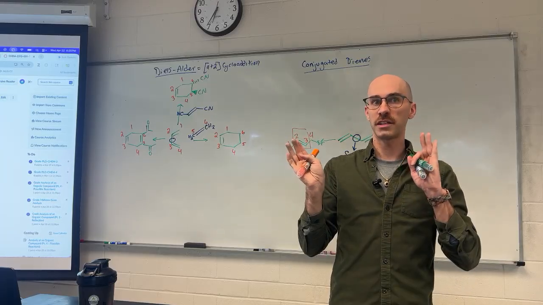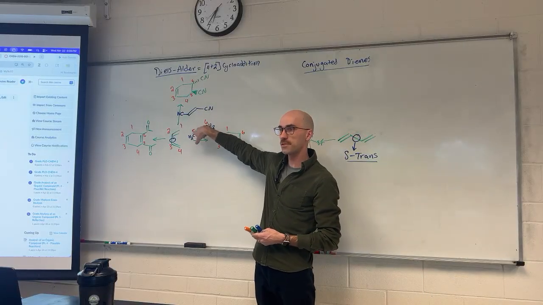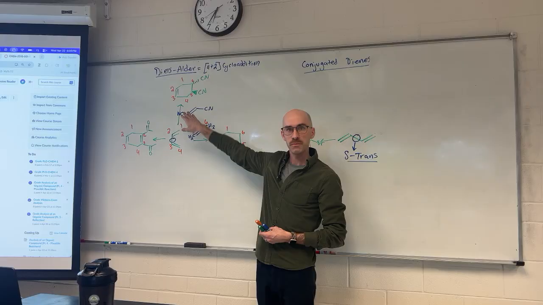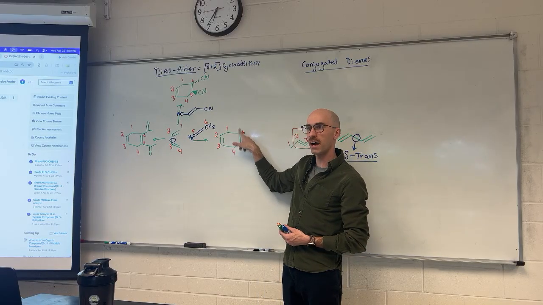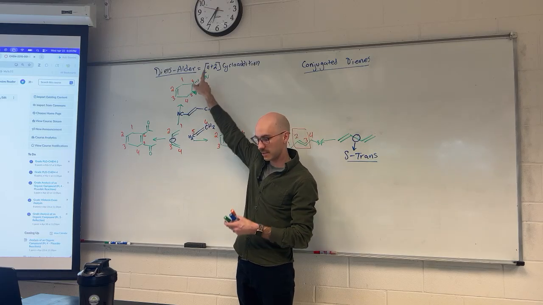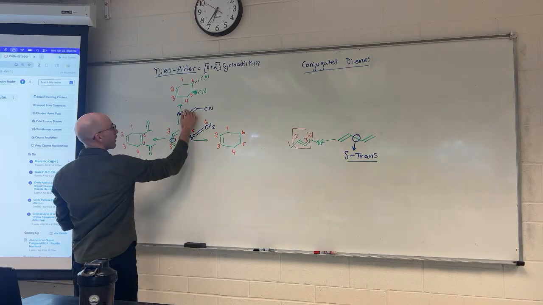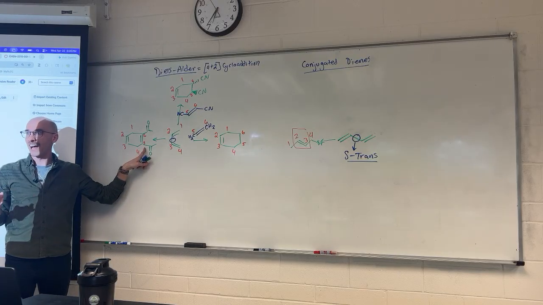Which means our starting material is not just ethylene or substituted ethylene. Because when ethylene reacts, 5 and 6 lose their pi bond. When substituted ethylene reacts, 5 and 6 lose their pi bond. So here, 5 and 6 must have lost a pi bond.